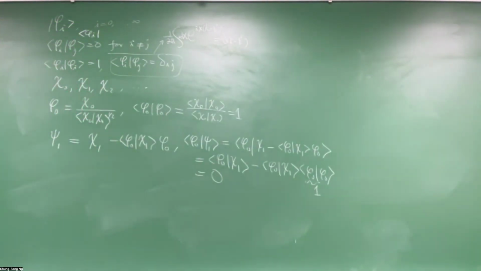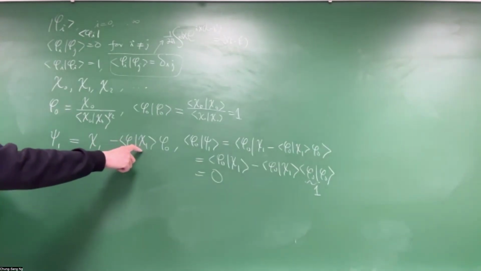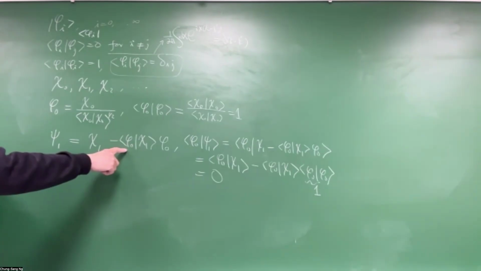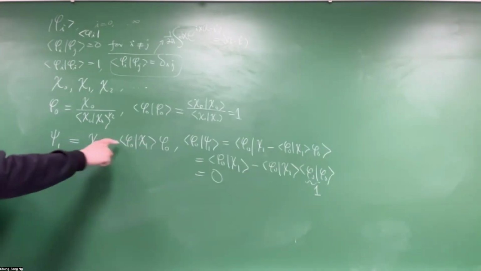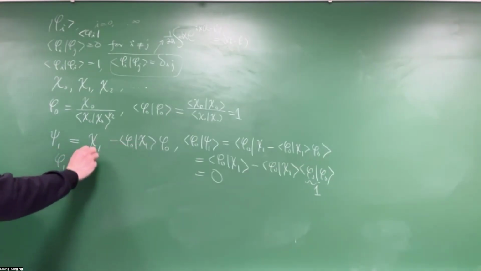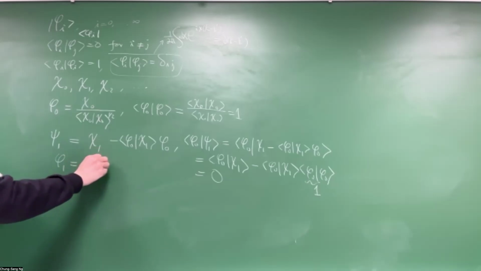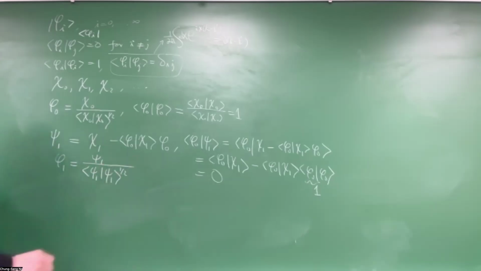Is that okay? So you make sure that after subtracting the projection of chi 1 on phi 0, this psi 1 is orthogonal to phi 0, but it is not normalized. So define phi 1 in the same way as psi 1 divided by the square root of the scalar product of psi 1 with psi 1.